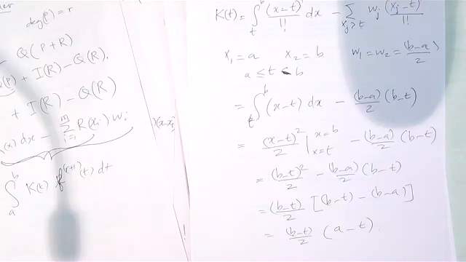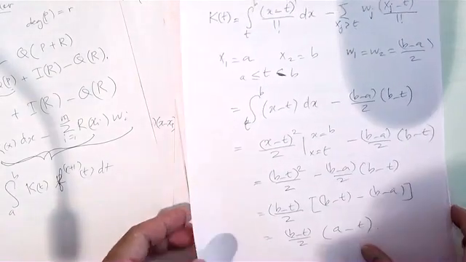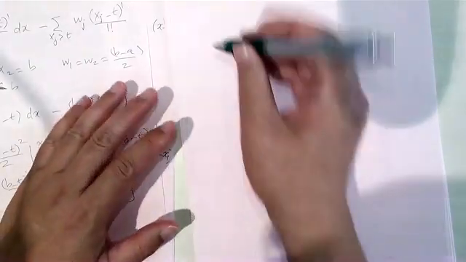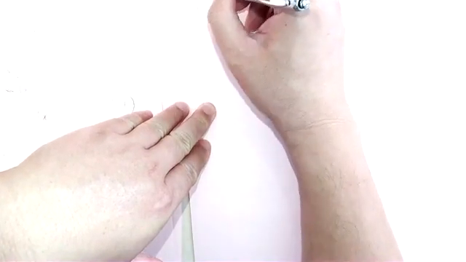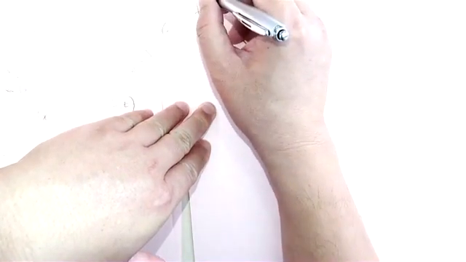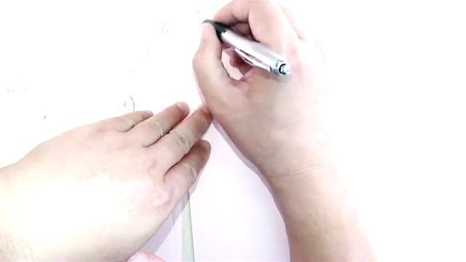Okay, so maybe we talk a little bit about the Peano kernel for the midpoint rule, because it's slightly different from this. Suppose I want to find the Peano kernel for the midpoint rule. So remember, what is a midpoint rule? You have only one interval, and your function looks like this, and you just take the midpoint. So this one is a, b.